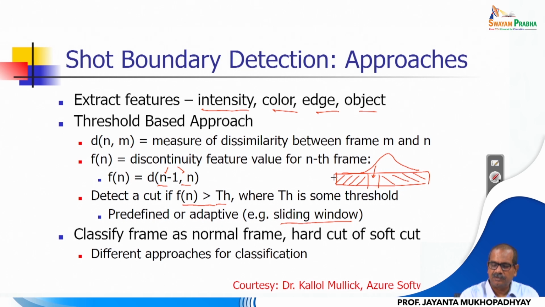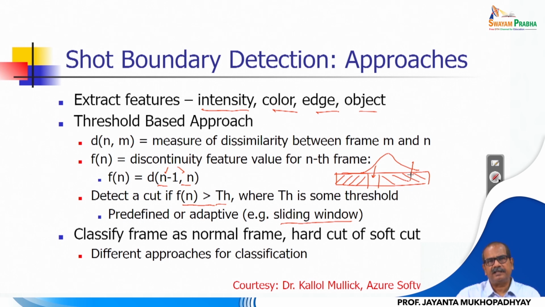The window slides over the frames, and every time you make this kind of statistical test and find out whether the measure is significantly higher compared to the others. So that is the adaptiveness mentioned here. This is a threshold-based approach.